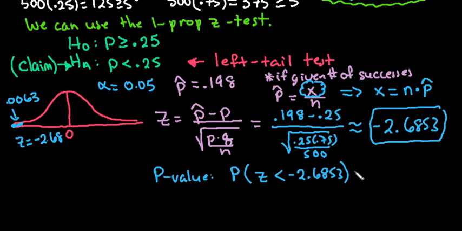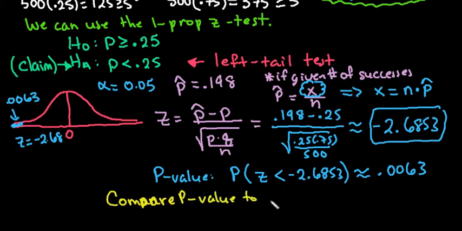Okay, so this ends up being approximately 0.0063. Now the decision rule that we are using is our p-value decision rule. So to make our decision, we're going to compare the p-value to alpha. So we can see that our p-value 0.0063 and our alpha 0.05, this is definitely less than.